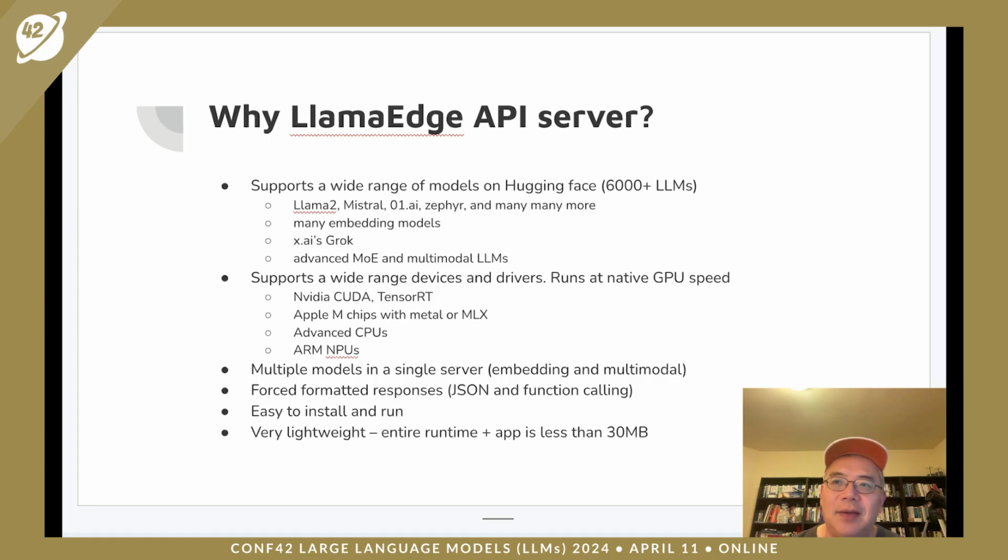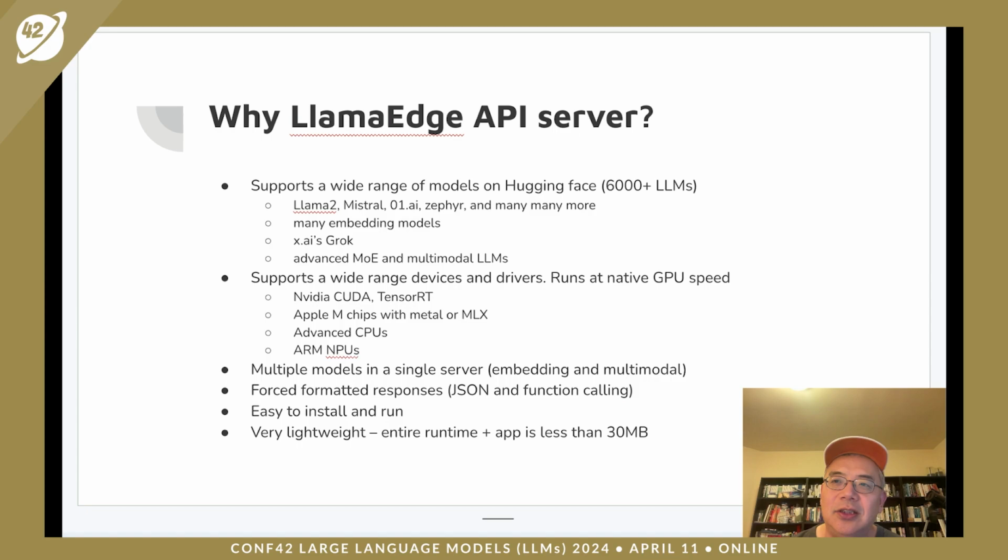So I think there are several features that distinguish llamaedge from other products or other open source projects in the space. The first is that it supports a wide variety of models. The llamaedge application server supports over 6,000 large language models, including all the ones that you have heard of.